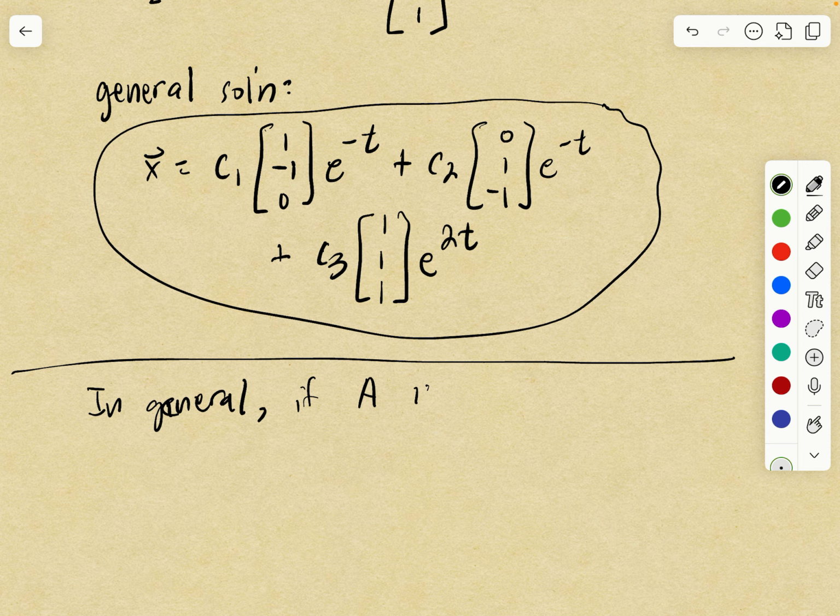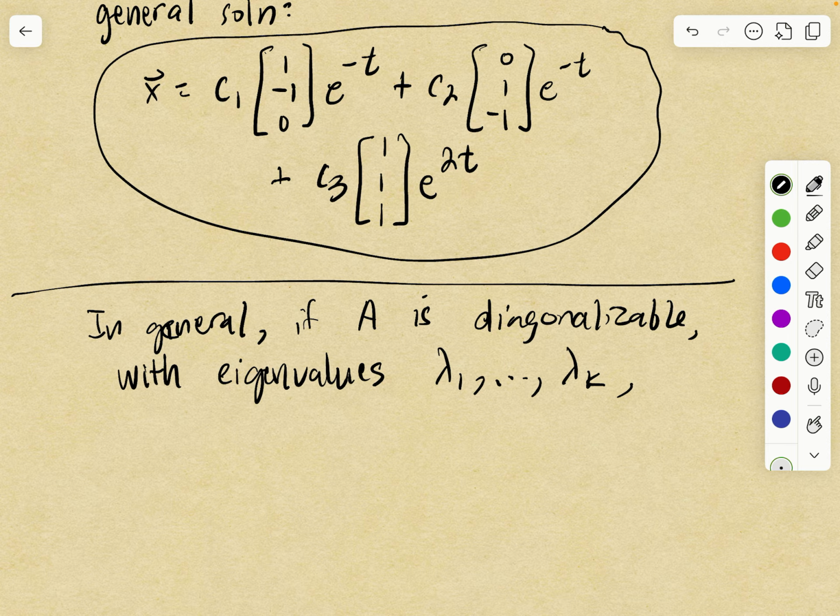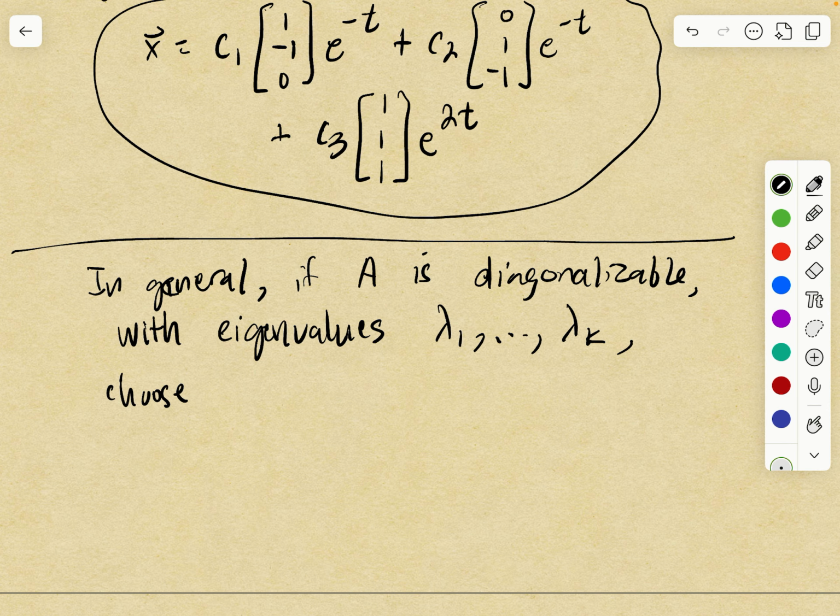So the general procedure is, in general, if A is diagonalizable, then find a basis of eigenvectors for each of the eigenspaces, or for each of the eigenvalues. So with eigenvalues λ1 through λk, choose an eigenbasis.